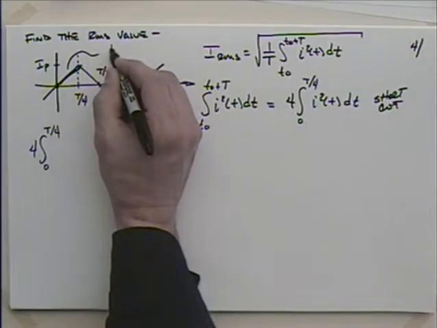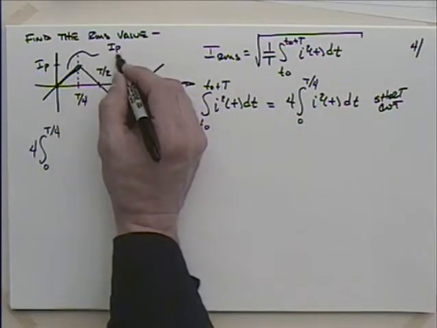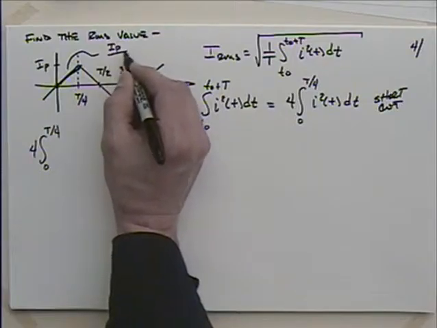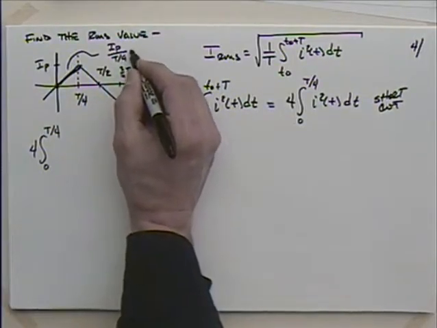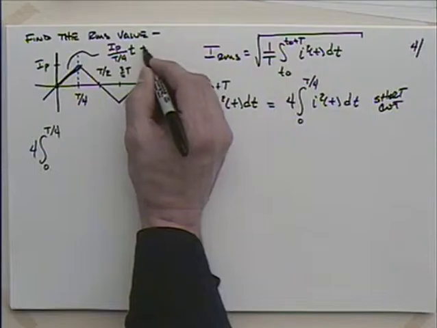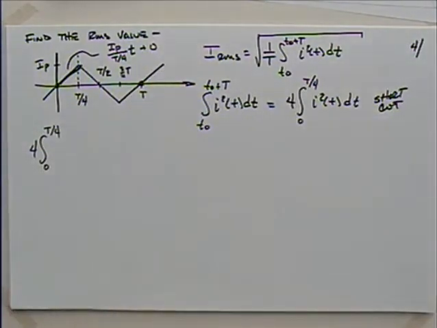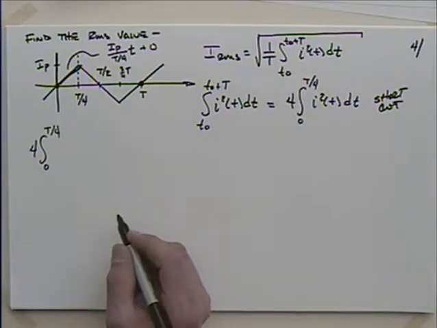Well, it has a rise of the peak value divided by the run of T over 4. I have to multiply that by t and add 0 to that. That's the y-intercept, isn't it? So we could say then that this was equal to what?